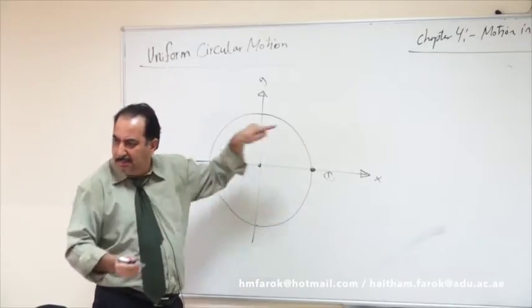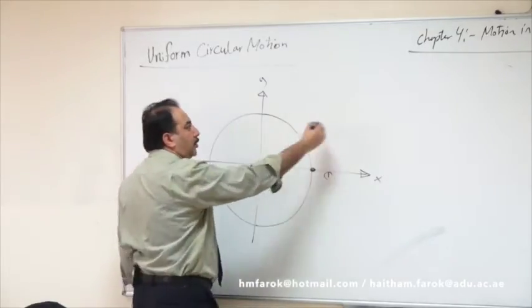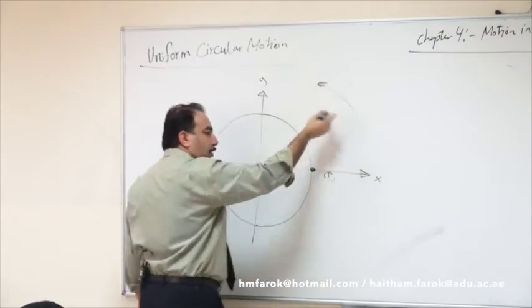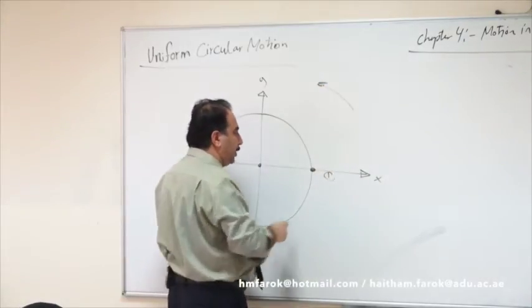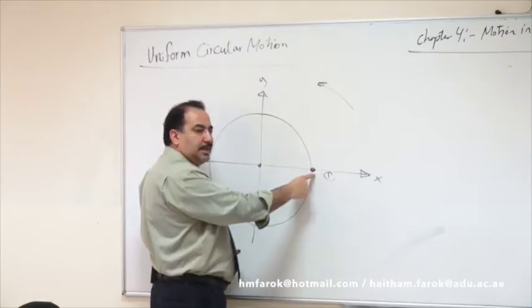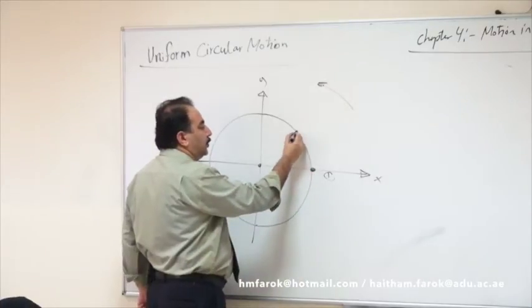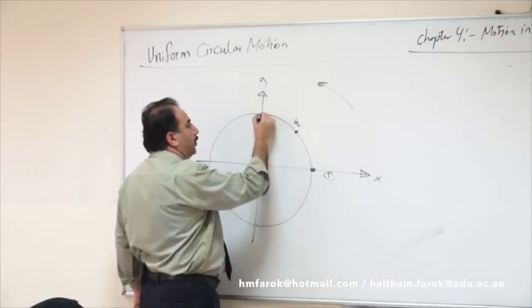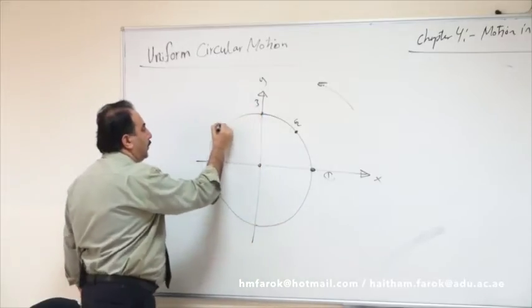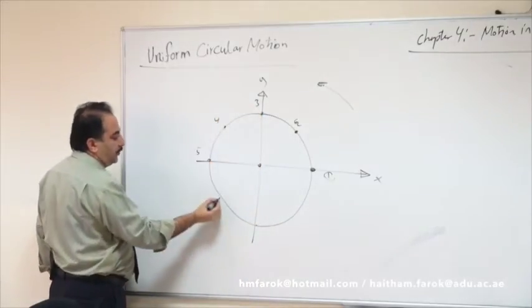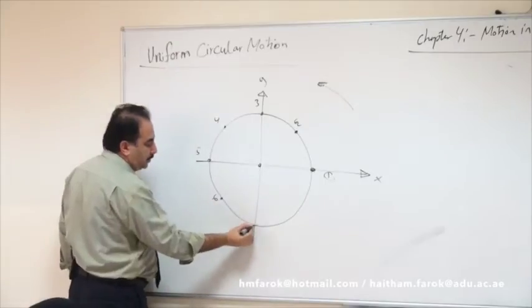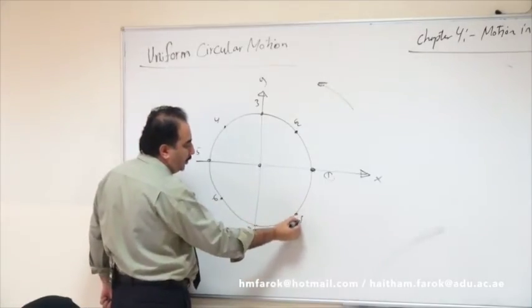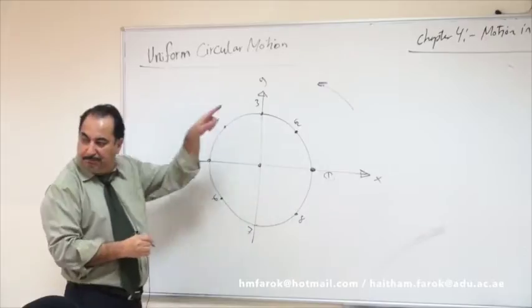It doesn't matter, so I'll take the anti-clockwise. So let's say it rotates this way, anti-clockwise. To start with, it's here. Then it goes to point 2, then point 3, 4, 5, 6, 7, 8, and back to 1.